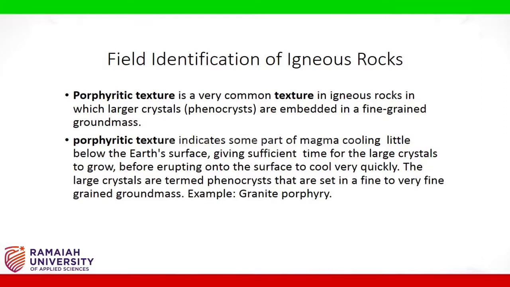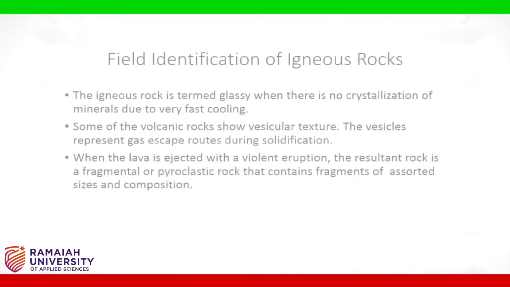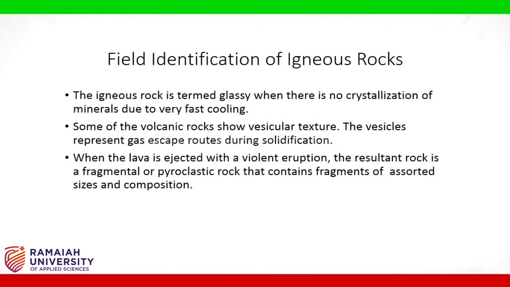The large crystals are termed phenocrysts that are set in a fine to very fine grained groundmass. Example, granite porphyry.